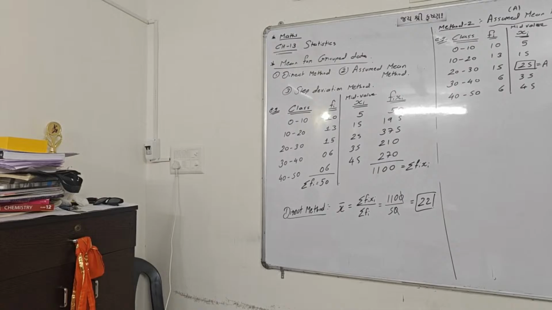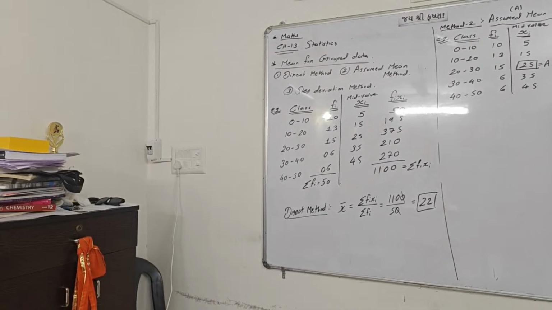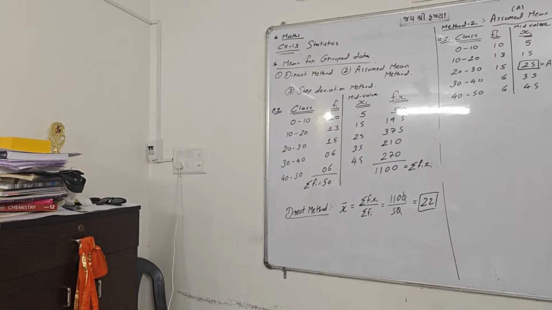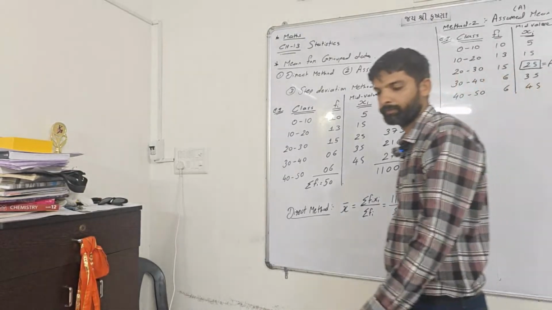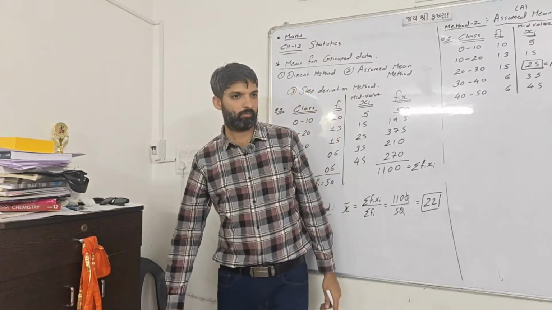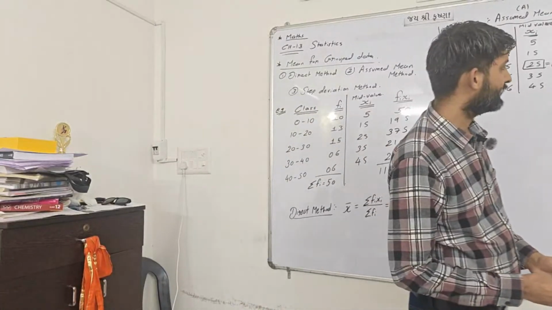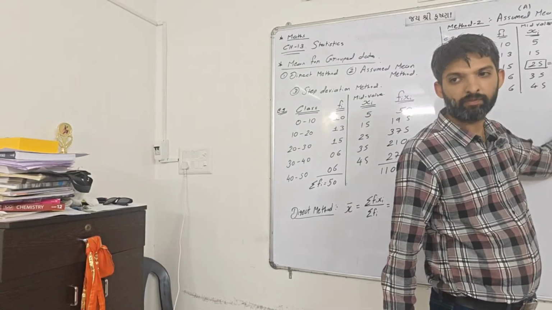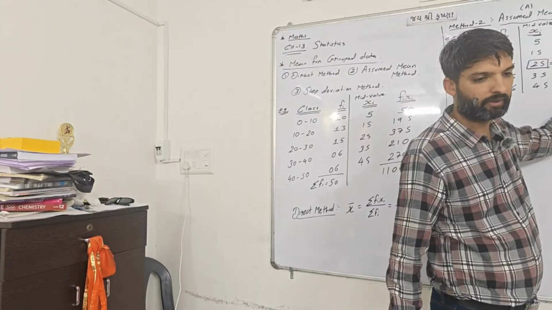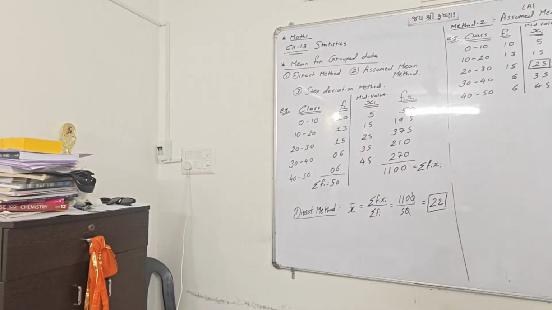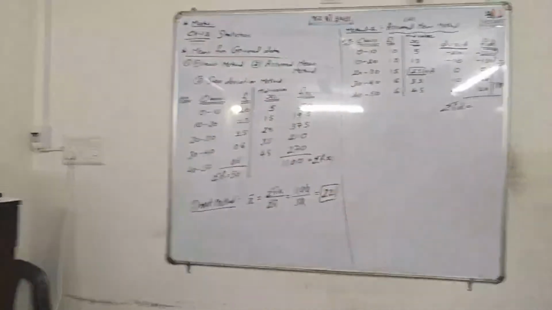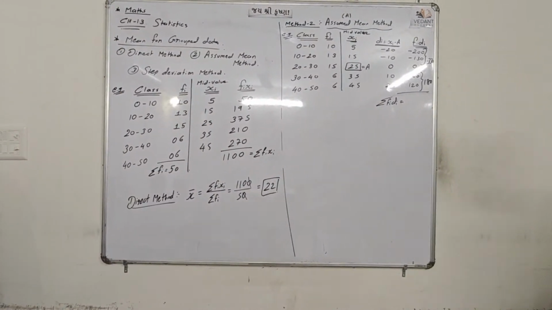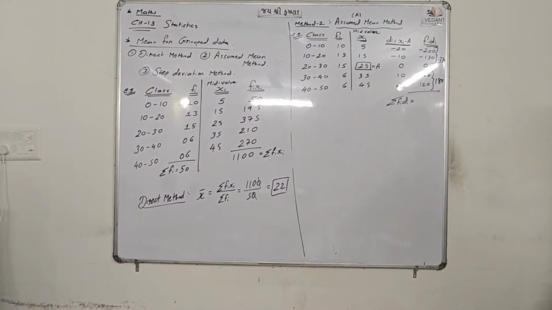So what is the total sigma fidi? Minus 330 and 180. You can easily find, the difference is 150.